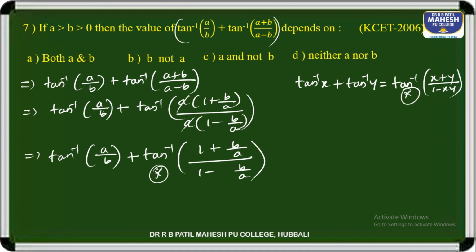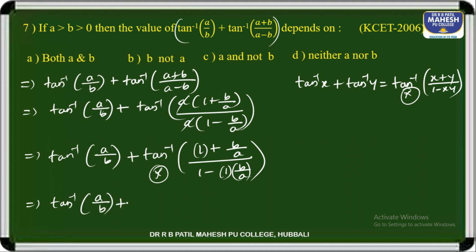Tan inverse is there, tan inverse is there, x plus y, yes, in the numerator, divided by 1 minus x into y. So here one small x we need, no? That x value I am taking as 1, because here we said x is 1. So the same x I am writing, nothing will happen to this b by a. Therefore, tan inverse a by b remains as it is again, one more time.